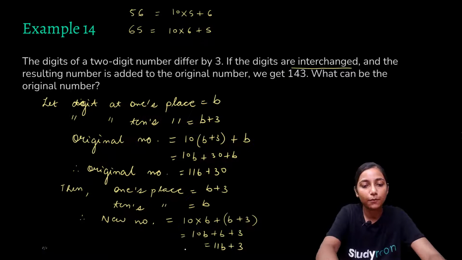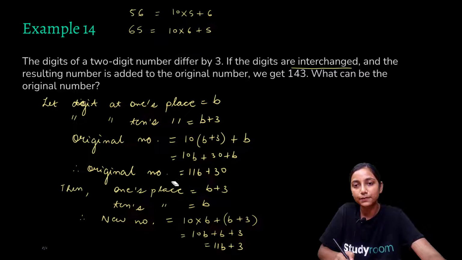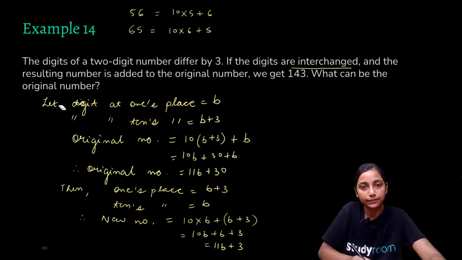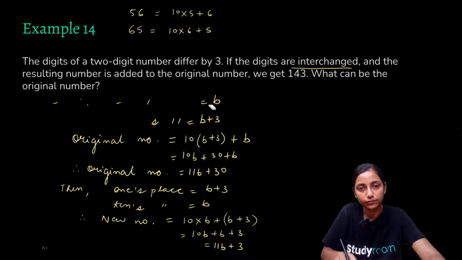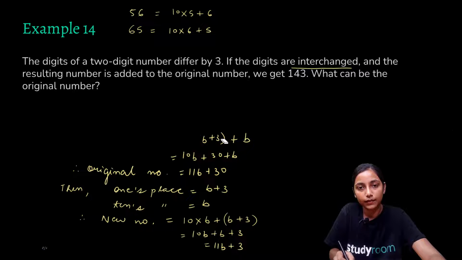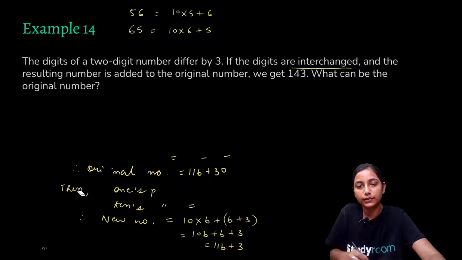So you can see from here, I will write it again, just check it once. Our original number is this, 11b plus 30, and our new number is coming to be 11b plus 3.